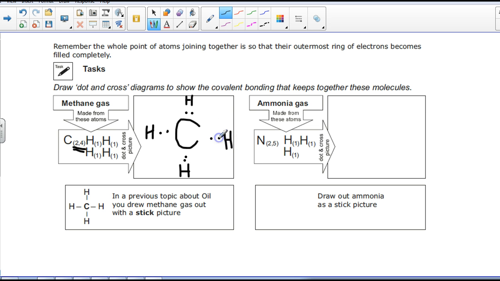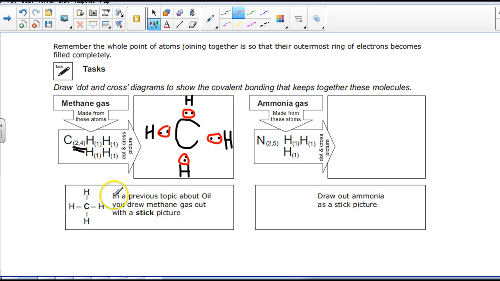So we see we have 4 different hydrogens. Each of those has 1 electron, and I've matched those up with the 4 outer electrons of carbon. And so we can see here, this is going to be our covalent bond: that pair of electrons that is now shared between the carbon in the middle and each of those hydrogens.